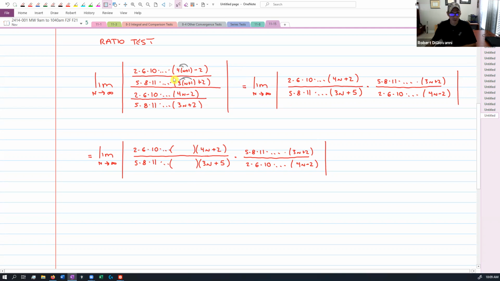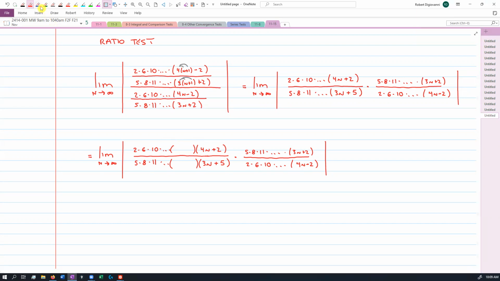So remember, each of these in the numerator, each of them jumps by how much? These numbers, 2, 6, 10, they each jump by 4, right? So if you do the one that's in front of this one, wouldn't it be 4 less than this? What's 4 less than this? Take 4 away from this, and what would you get? 4n minus 2.